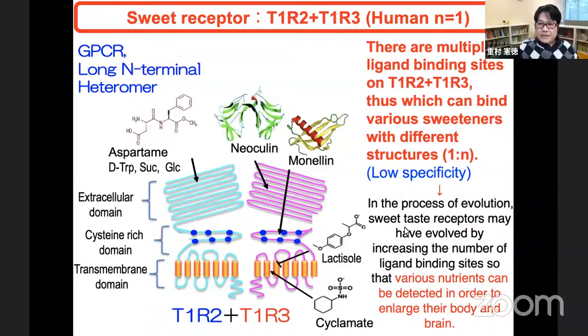Furthermore, in the process of evolution, the sweet taste receptor may have evolved by increasing the number of ligand binding sites so that various nutrients can be detected in order to enlarge our body and brain.